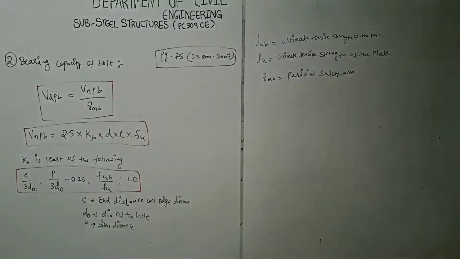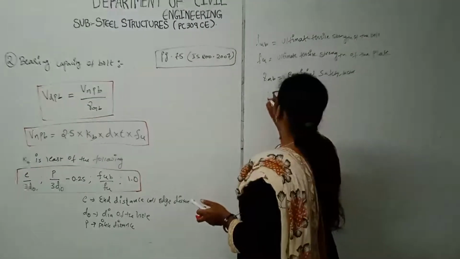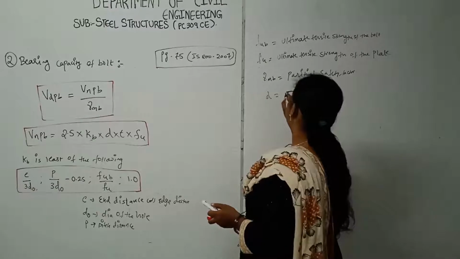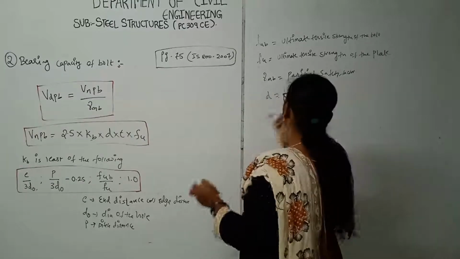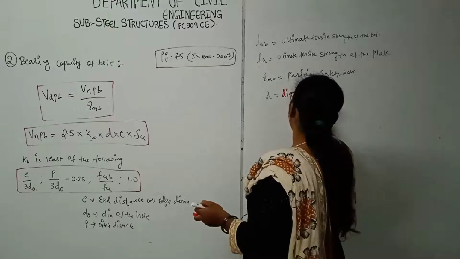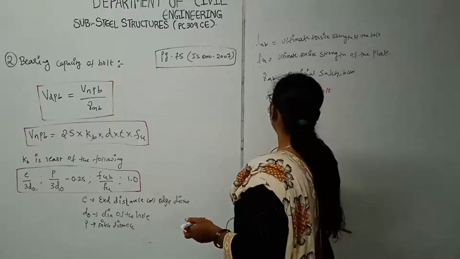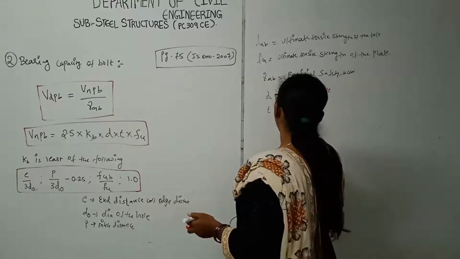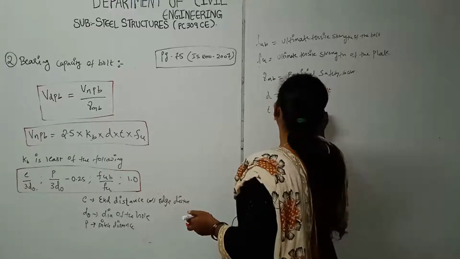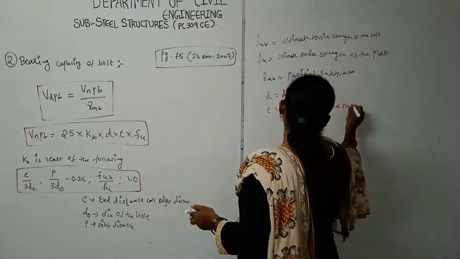Right, next we will take tension. Here one more two terms are there. One is d, the dia of the bolt, and small t is the thickness of the thinner plate.